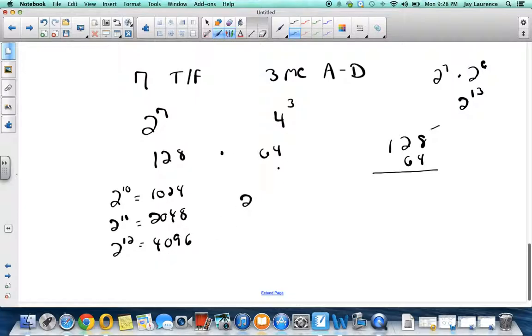And 2 to the 13th is going to be 8,192, I think, if I double 4096. Yep, that's right. There you go. So altogether, there'll be 8,192 different ways to answer this test. There are 7 true-false questions and 3 multiple choice questions, A through D.